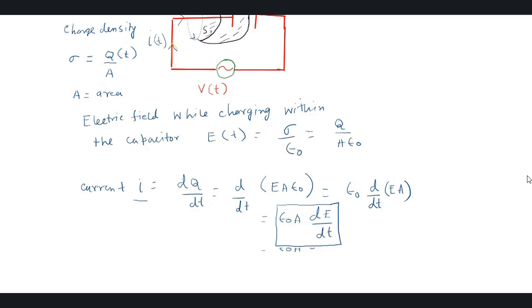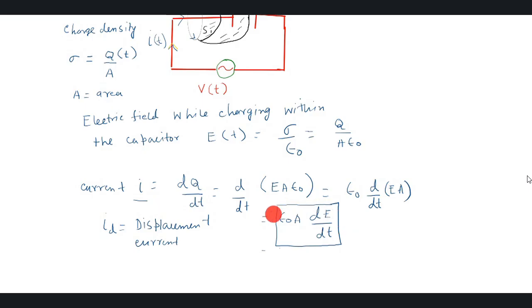This current is called the displacement current I_D, and its expression is epsilon naught A dE/dt.